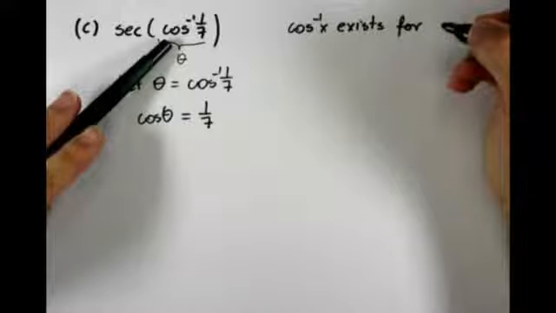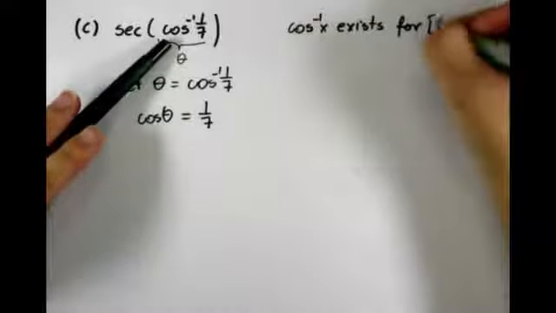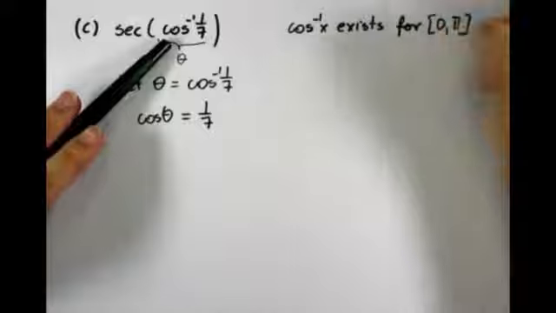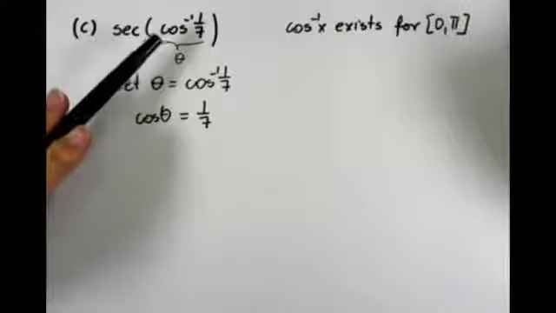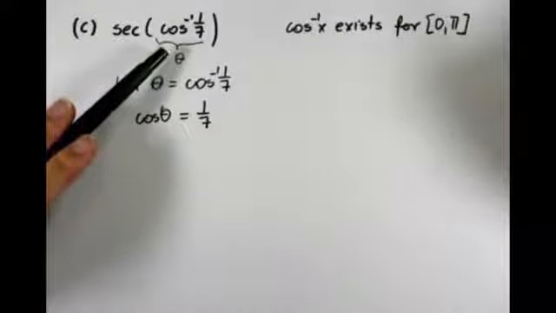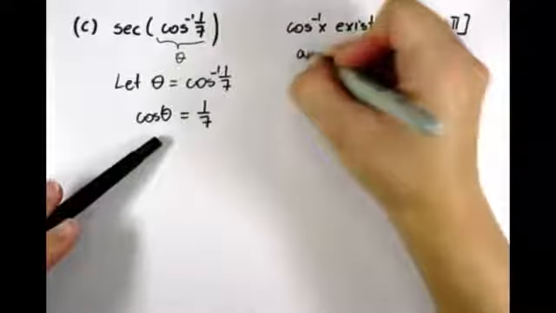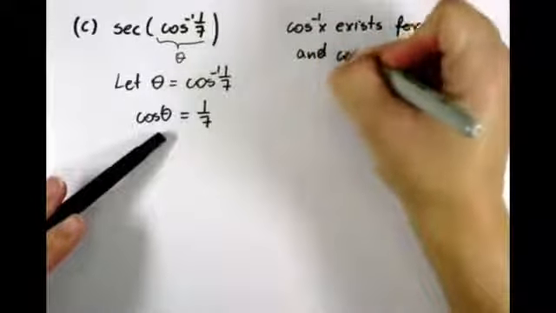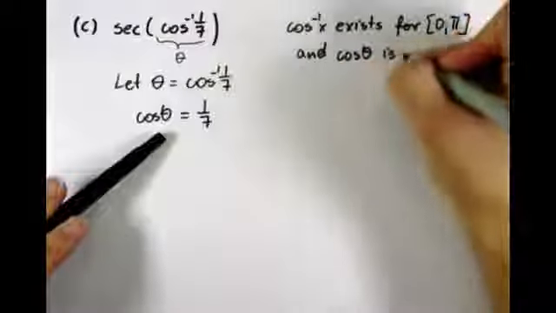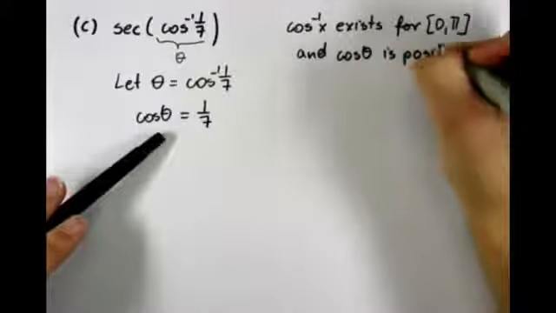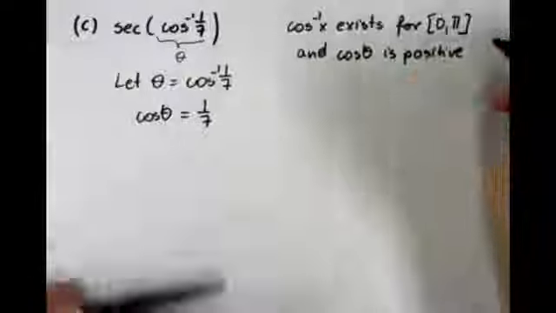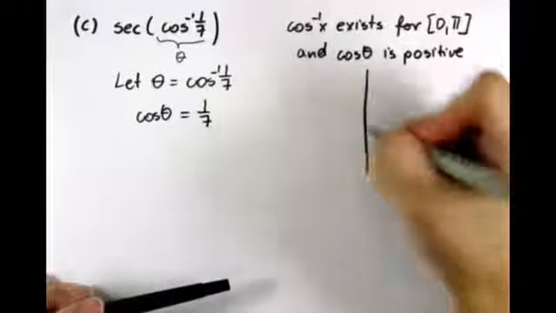The cos function needs to be restricted from 0 to pi. Okay? And now we have cos theta is positive. So let's see what quadrant that gives us.